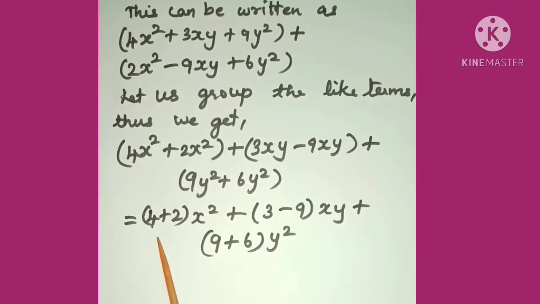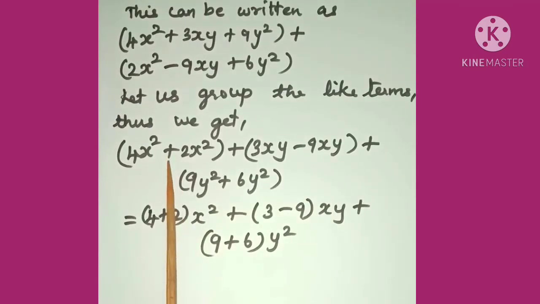Now we know how to add or subtract like terms. We need to add or subtract the coefficients of like terms alone. So here the coefficients of x square are 4 plus 2. So here we are adding.